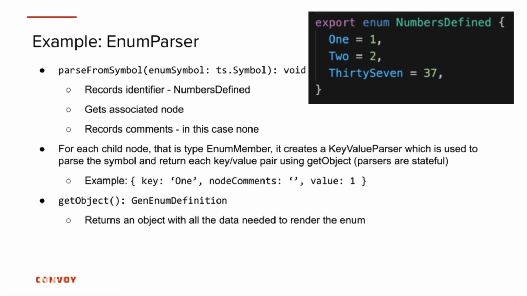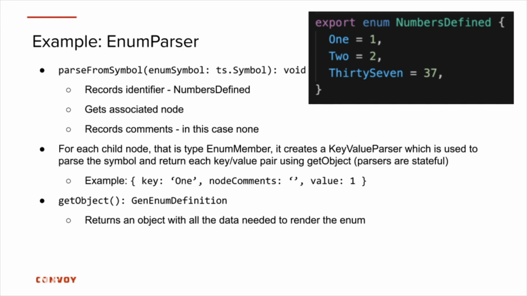Gets the associated node to the symbol. It gets any JS doc comments that are associated with that node, and then it iterates through each of the child nodes associated with that node and calls a key value parser on each of them. This means that the key value parser is doing most of the work for the actual key value pairs and parsing that information out.